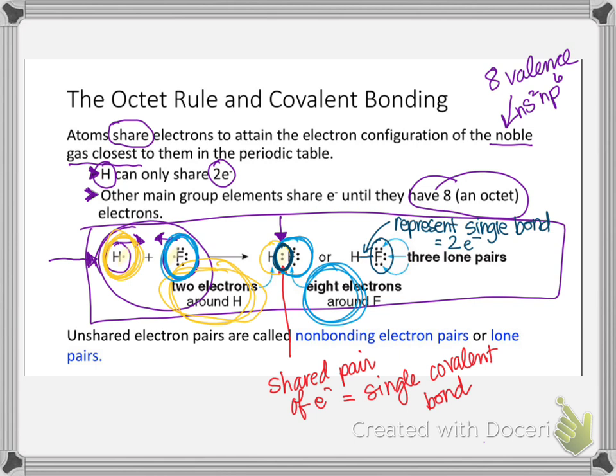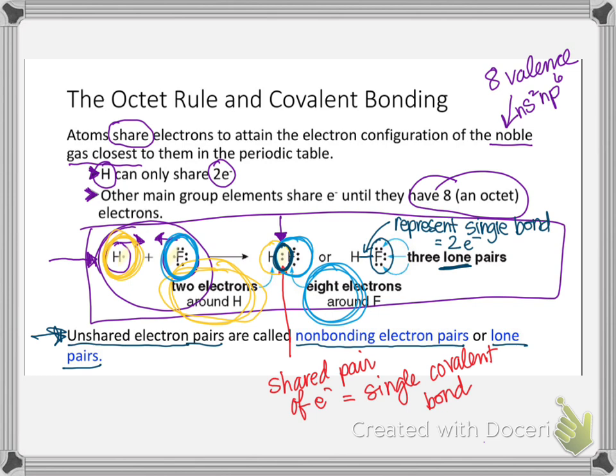And up here you see lone pairs, or down here, it says unshared electron pairs are called non-bonding pairs or lone pairs. So sometimes the atoms will have electron pairs that I talk about bringing to the party. I don't know why, I just think about it that way. So they bring electron pairs to the party, but they don't share them with anybody. But they have them because they want to have 8.